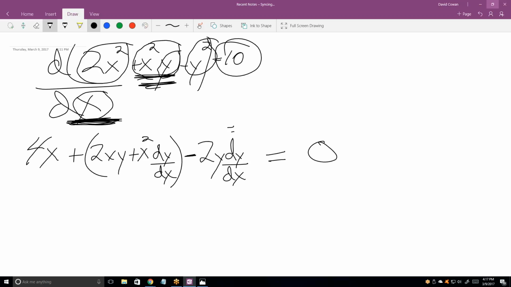Okay. Now, notice how we're going to solve for dy dx. We've got a dy dx here. We got a dy dx there. And this is where it gets a little tricky. You want to move every term that does not have dy dx on it to the other side of the equation. First of all, I want to get rid of these parentheses. Don't need them anyway because that was all being added.